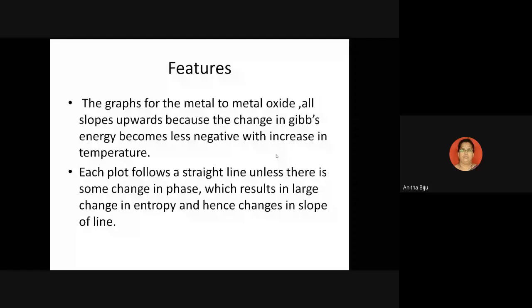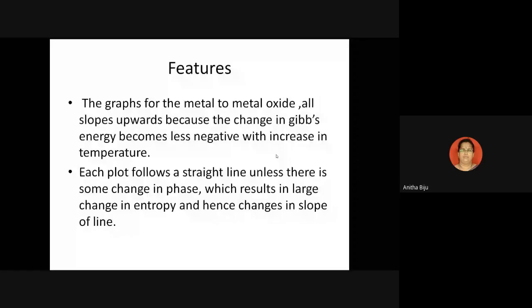Less negative means when we are moving up, the value becomes less negative. You can see minus 1200, then when we move up, it becomes minus 100. Okay. Now, each plot follows a straight line unless there is some change in phase.